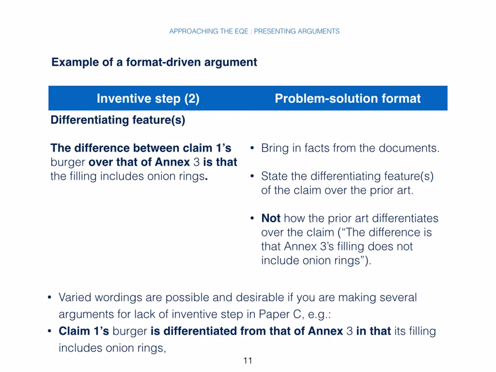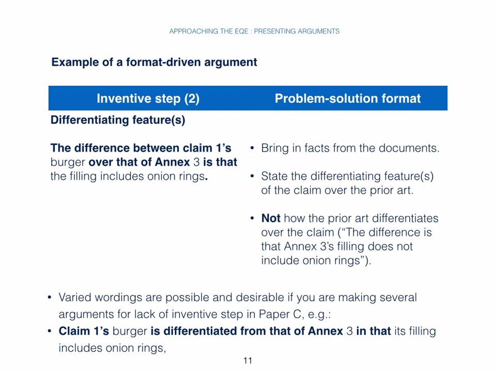Varied wordings are possible, and it's desirable that you have several different possible wordings, especially for paper C, where you could state instead Claim 1's burger is differentiated from Annex 3 in that its filling includes onion rings, or the differentiating feature of Claim 1 over Annex 3 is that.